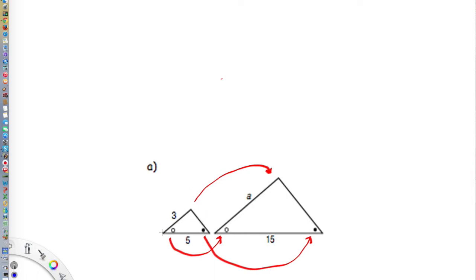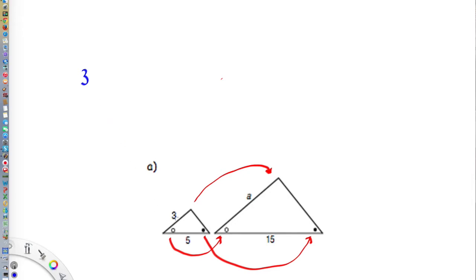Okay, well, what we're going to do is set up a proportion. The corresponding sides don't have to be congruent or equal, but they do have to be proportional.